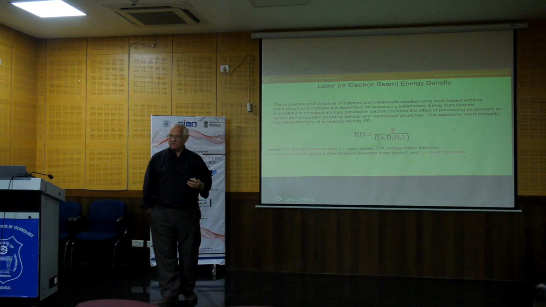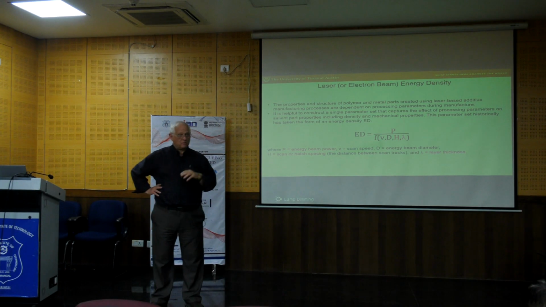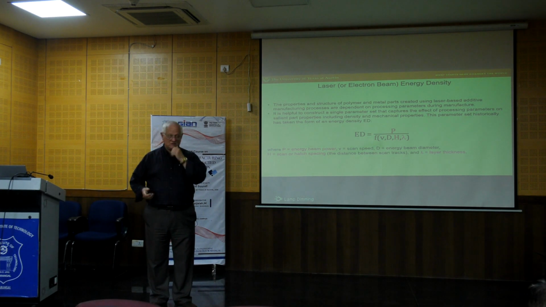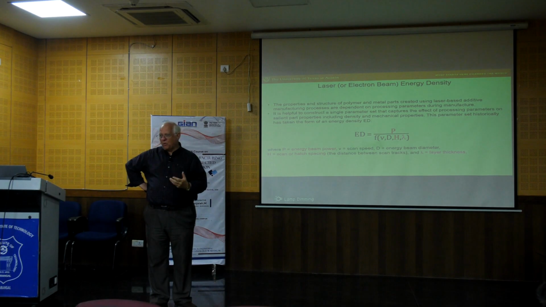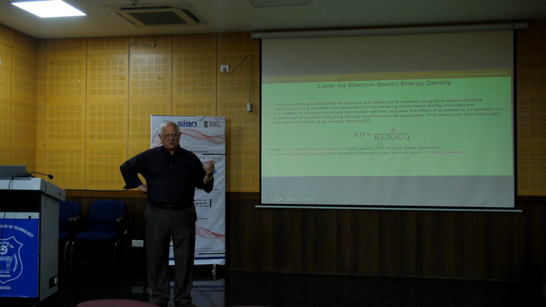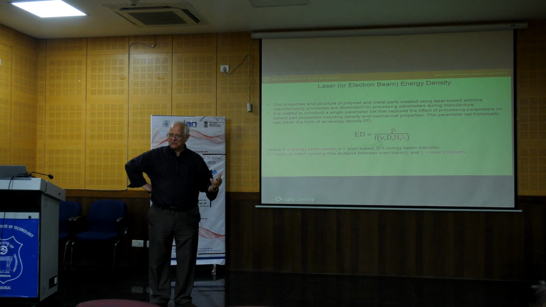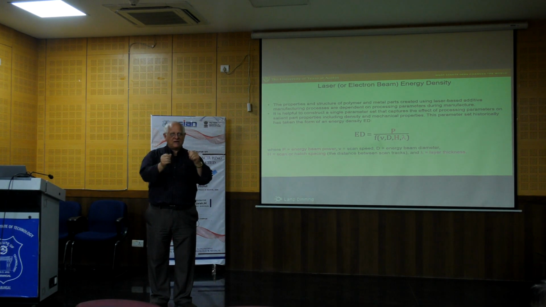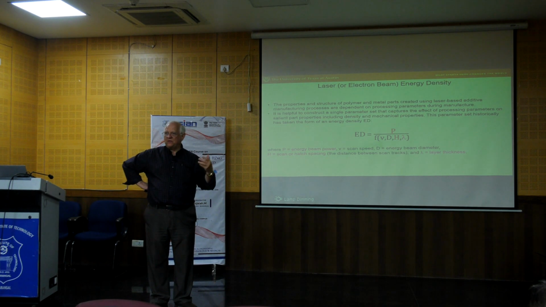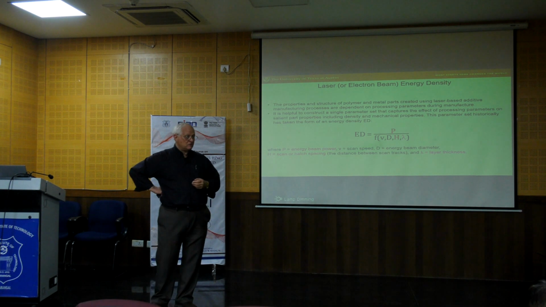With any manufacturing process, but particularly with additive manufacturing processes, it's important to set the machine parameters that we can control so that we get a part with the appropriate properties and with the appropriate features.